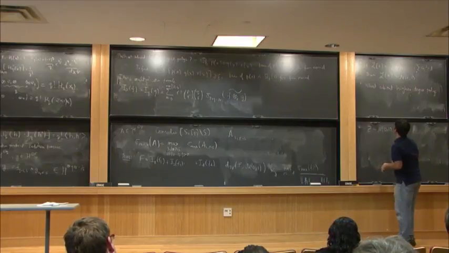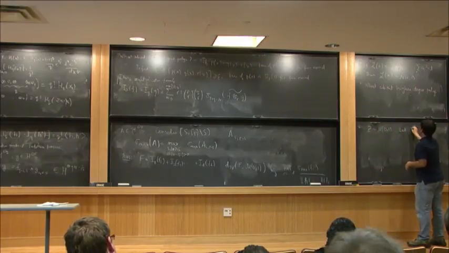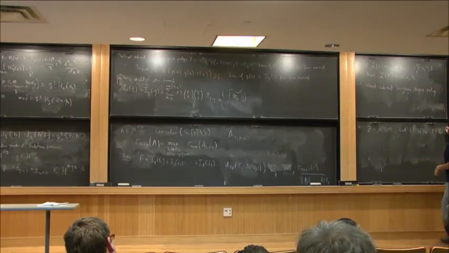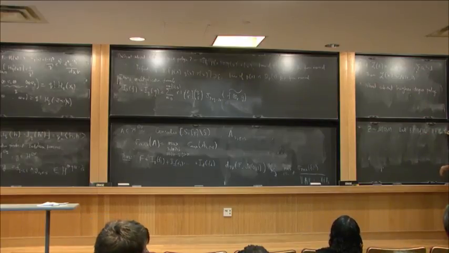Look at the standard normal. And now let f be such that it's differentiable once and both the function and its derivative are bounded.